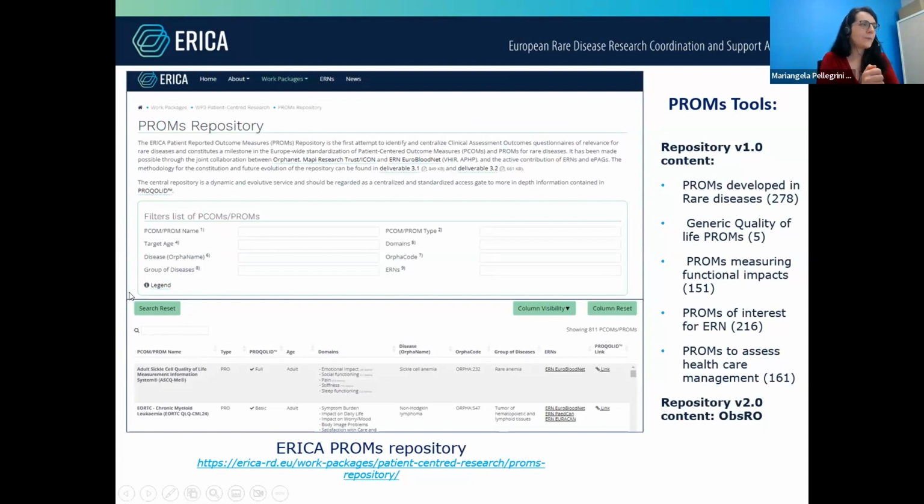I forgot to say that we have collected almost 300 PROMs developed in rare disease. 150 PROMs are measuring functional impact, 5 are generic quality of life PROMs, 216 are of interest to the ERNs, and 161 are for assessing healthcare management.